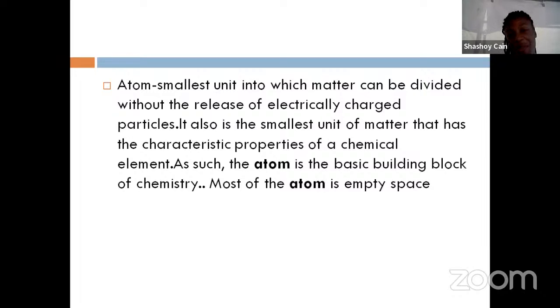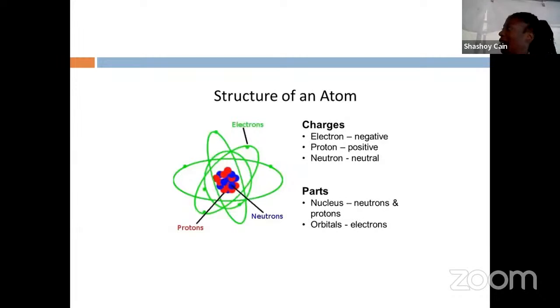As such, the atom is the basic building block of chemistry. And here we have a little diagram. I don't remember these things from chemistry, but we know we have the electrons and the neutrons and so forth on the atom.